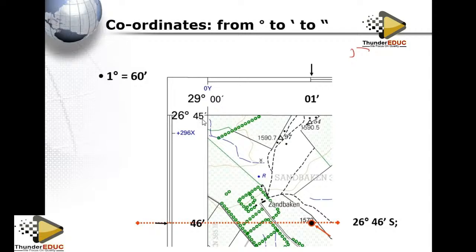But don't forget that from here to here is 1 minute. And 1 minute has 60 seconds. So it simply means that from 45 to 46 minutes, we have 60 seconds in between. Therefore, if my feature is halfway, it's going to be 26 degrees, 45 minutes, 30 seconds.